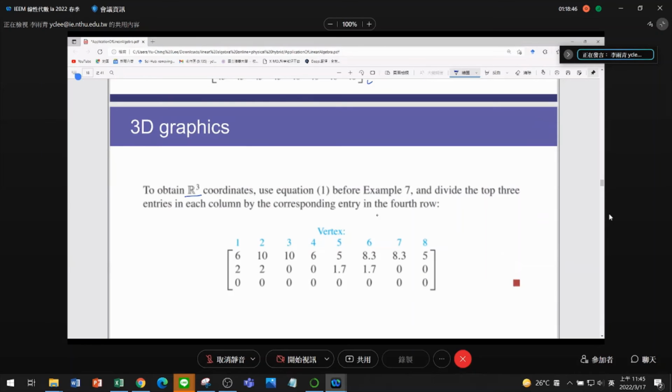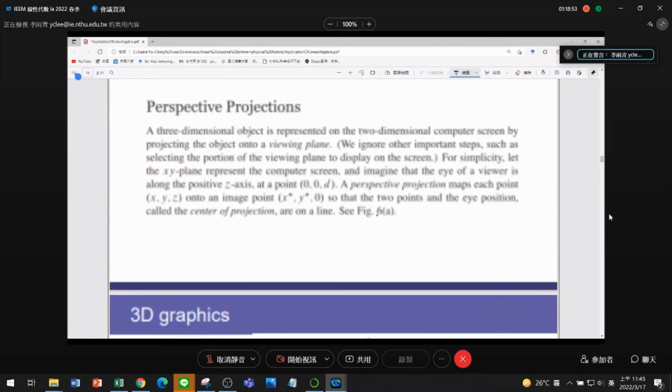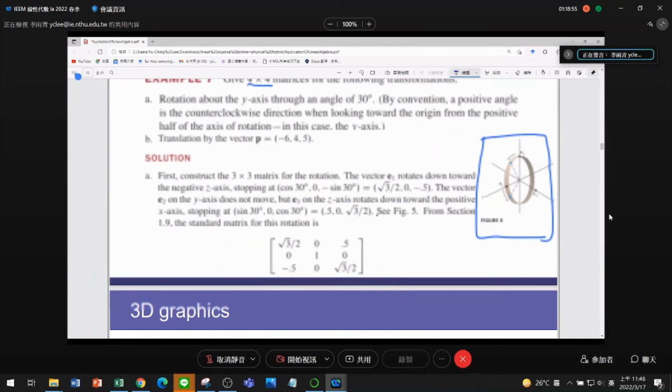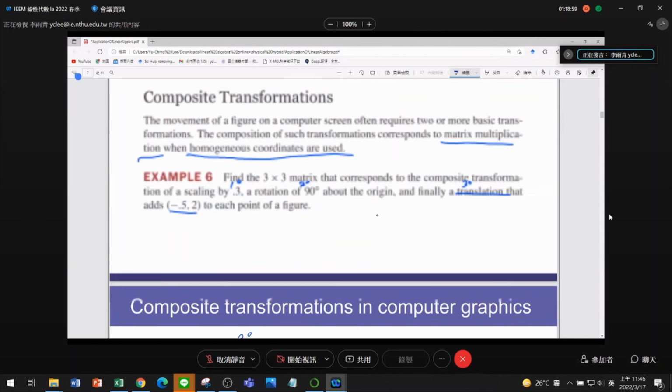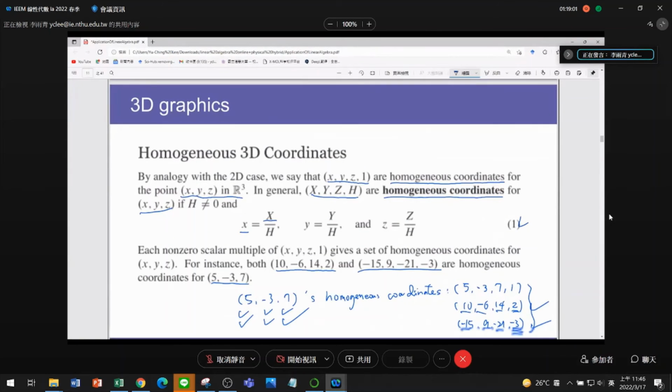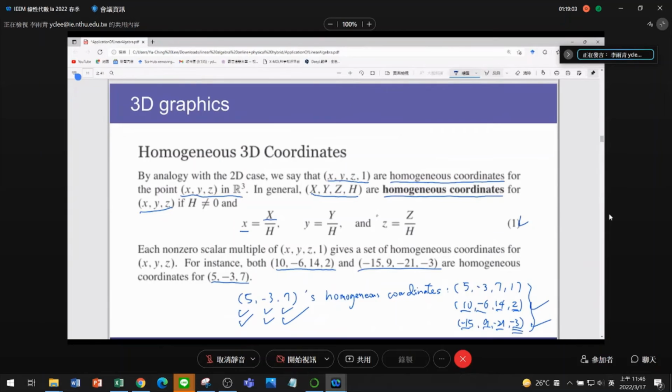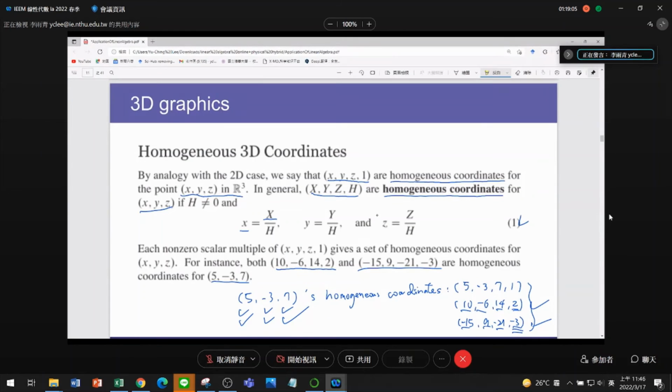So we are going to use equation 1 again. Equation 1 is this one.